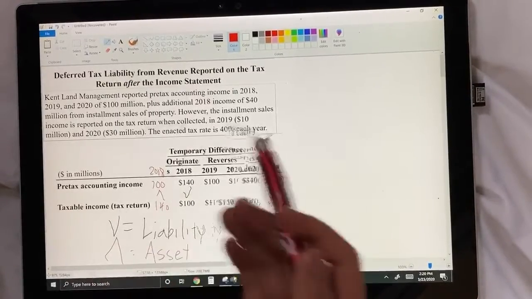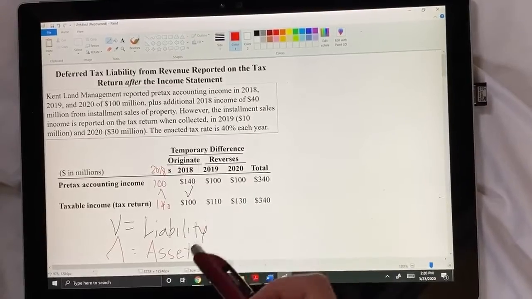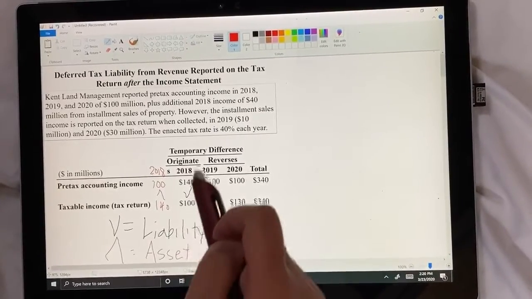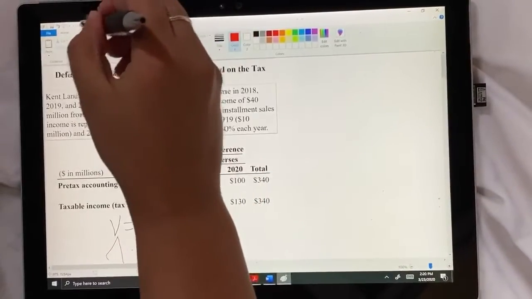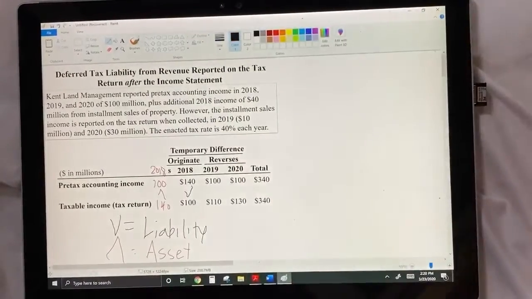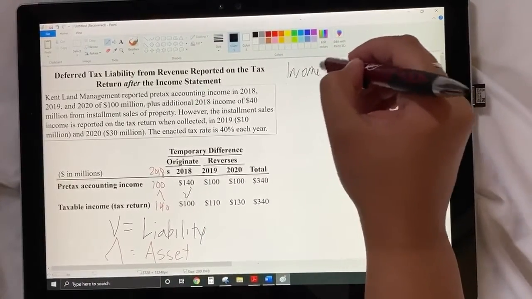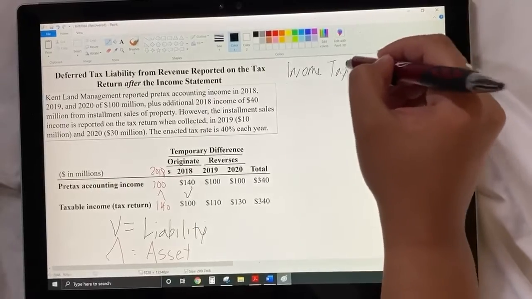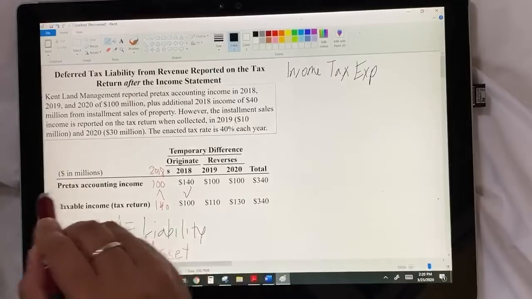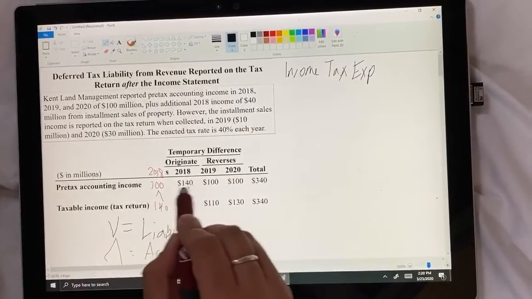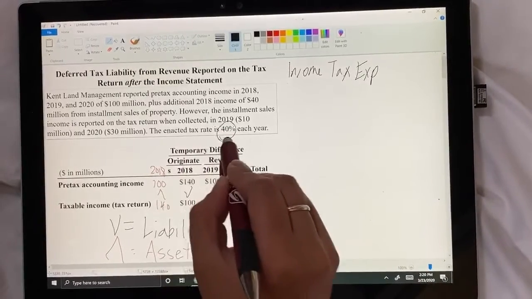And then from there, that's when you do your journal entries. So looking at the original scenario, let's do the journal entries. In this case, income tax expense is debited 140, which is your pre-tax accounting income, the top row, times whatever tax rate it is for that year.